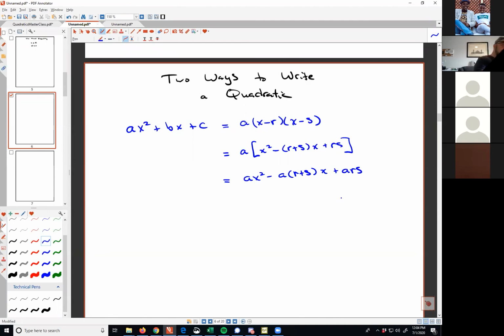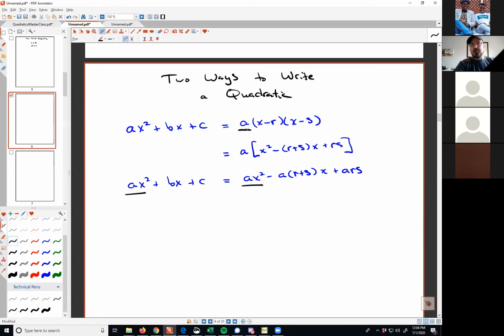Now, here's the thing. In order for these two quadratics to be the exact same quadratic, all of the terms must match up. Well, that's easy with the first term. They're already the same. In fact, we designed it to be that way, right? That's why we chose to multiply a into (x minus r) times (x minus s).